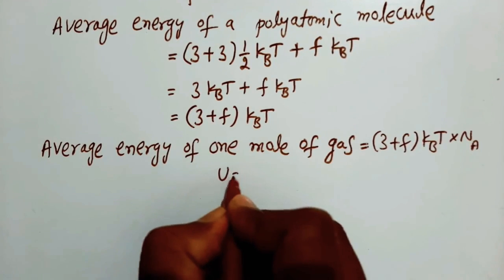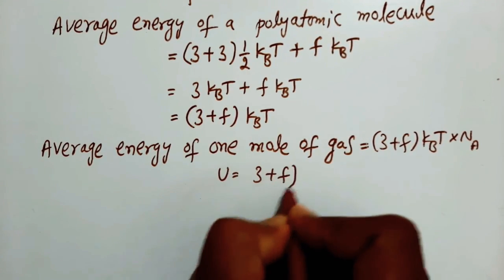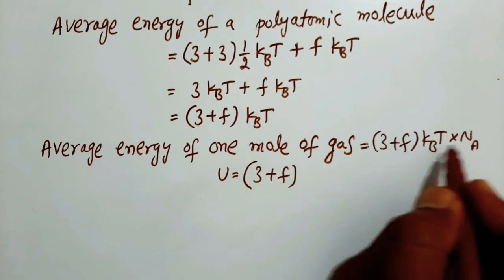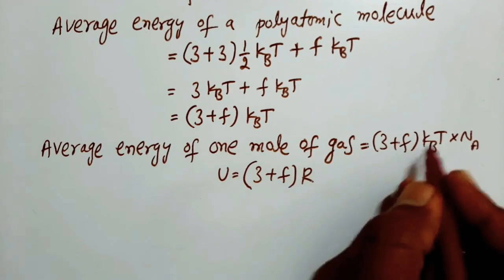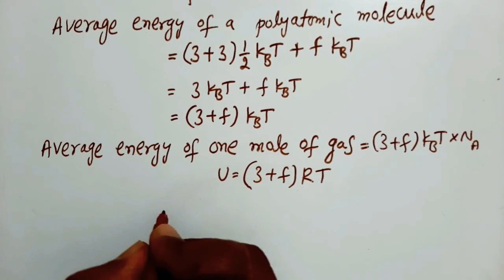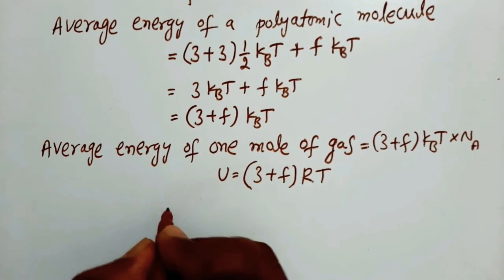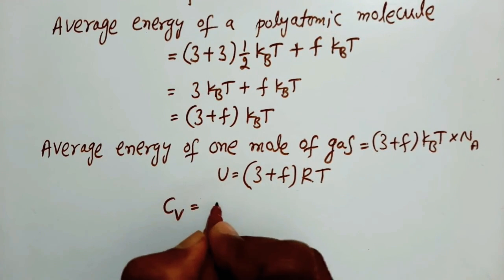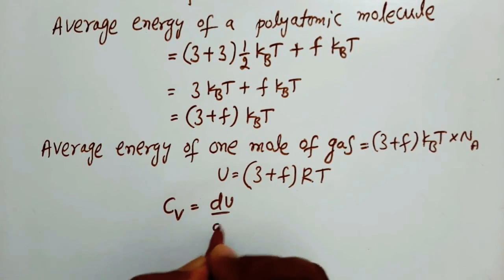U is equal 3 plus f into, here kB into Na is equal R, into T. So we know specific heat at constant volume Cv is equal dU by dT.